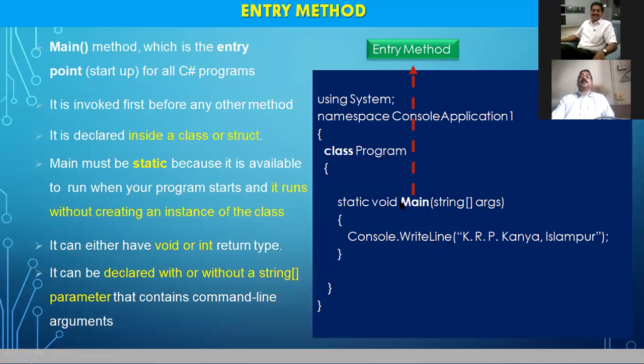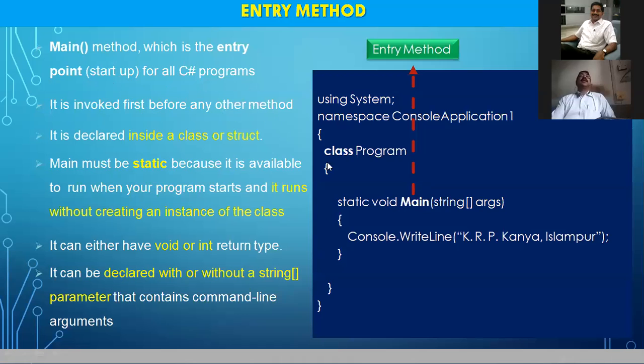At the right hand side, can you see this? The Main method is the entry point, which is also called the startup for all C# programs. Every program in C# will be started with the Main method. Okay.